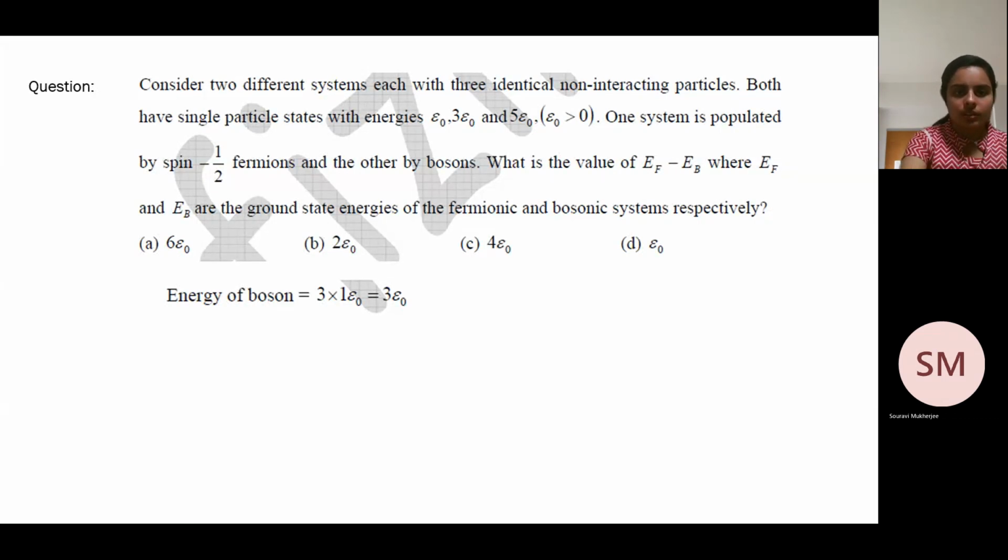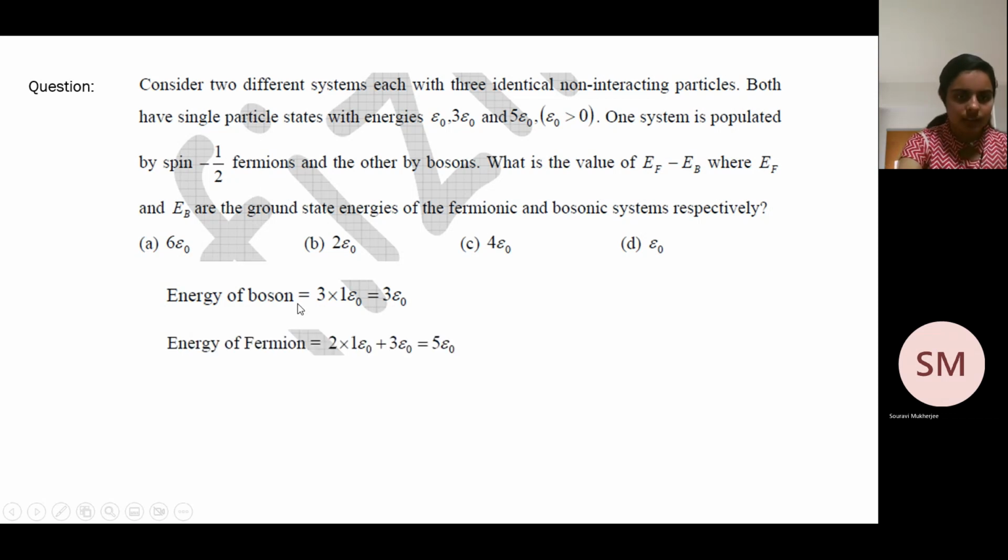So now what happens? You have three spin half fermions. So what do you do now? In fermions, in one particular microstate, there can be only one particle, right? And then you get this degeneracy of two, which comes because of the spin.